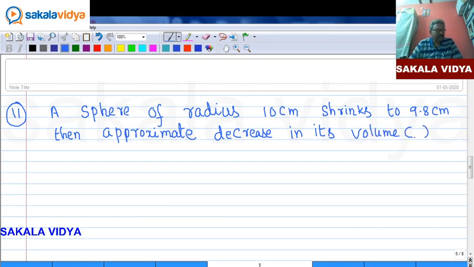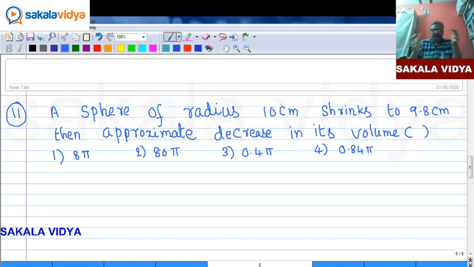So this is the question. First option is 8 pi, second option is 80 pi, third option is 0.4 pi, fourth one is 0.84 pi.